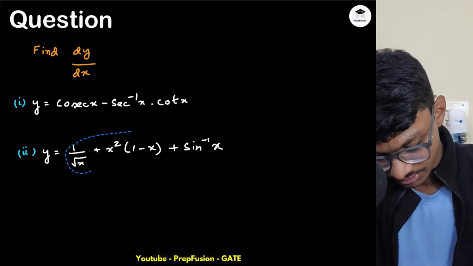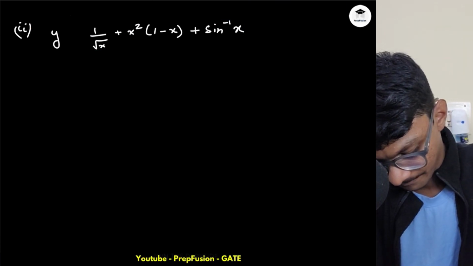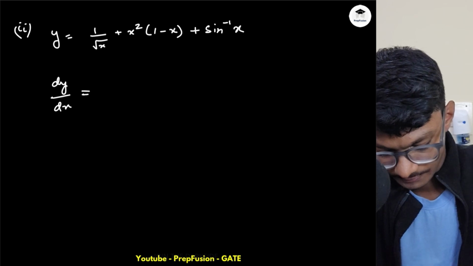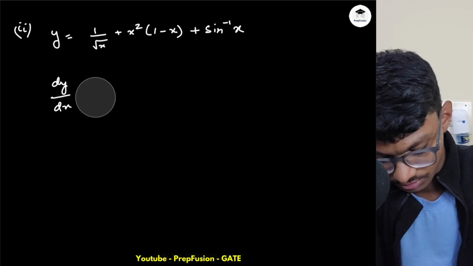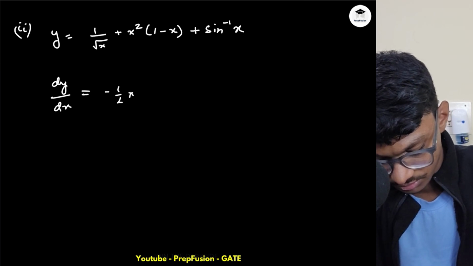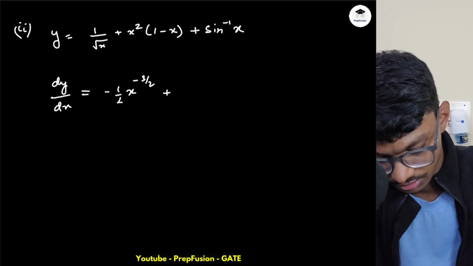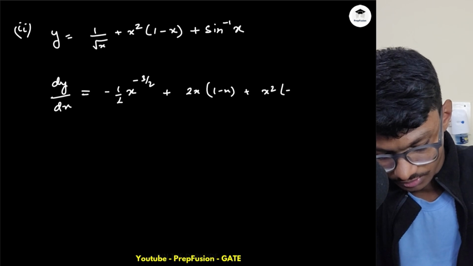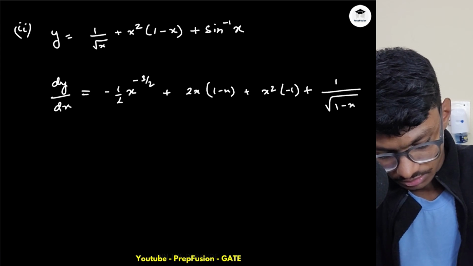So you have this function. x raised to power minus, so this will be minus 1 by 2 into x raised to power minus 3 by 2, plus again I will apply the chain rule, 2x into 1 minus x plus x square into minus 1 plus 1 by under root 1 minus x square, right?